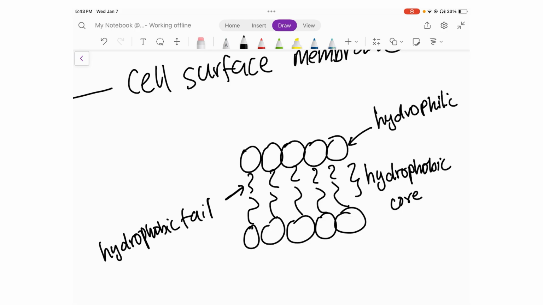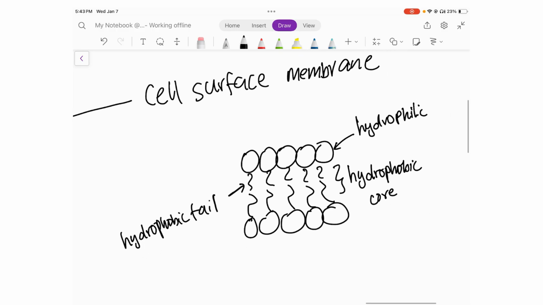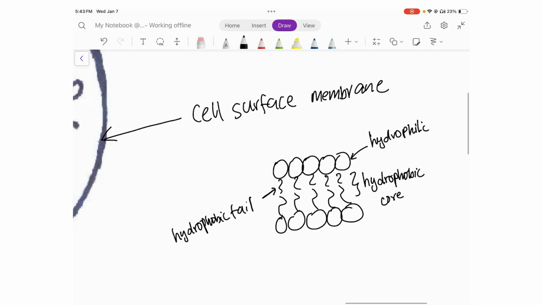We'll be looking into it in more detail in a model known as the fluid mosaic model. But for now, we just need to know that the cell surface membrane is made up of a phospholipid bilayer. How this helps is that it helps the cell in selective permeability.